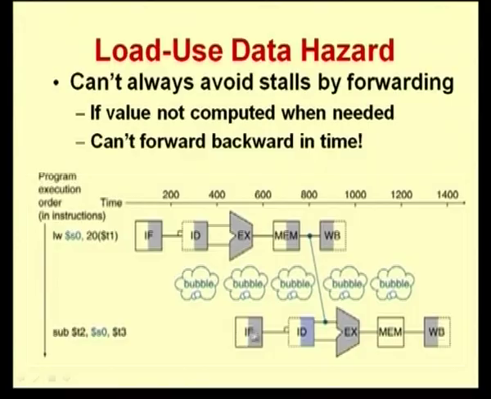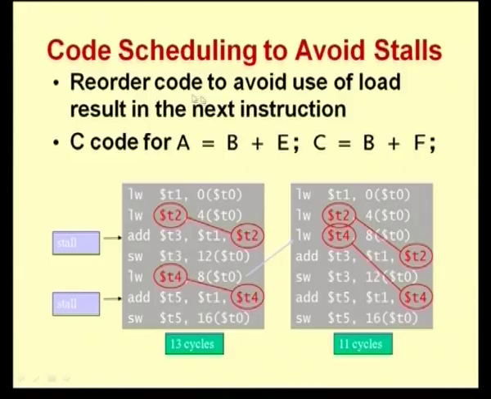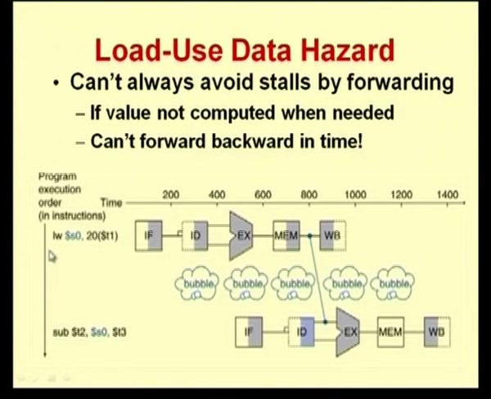Another technique that is used to handle these data hazards and to avoid stalls is to reorder the code in order to provide a distance between the instruction which produces a result and the instruction which consumes the result. The problem we had here was a load instruction with a sub instruction immediately following it.